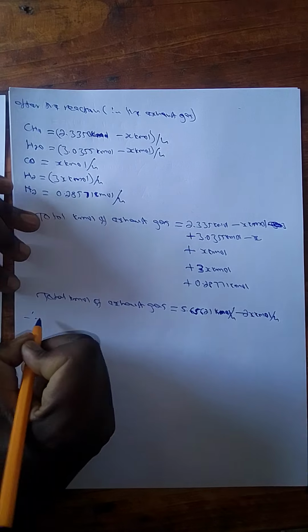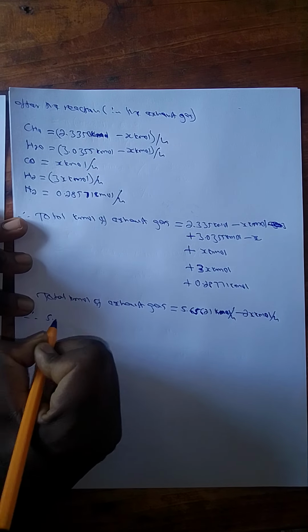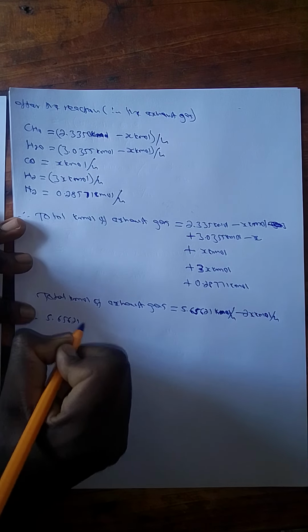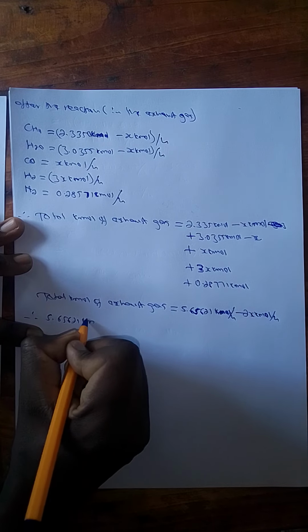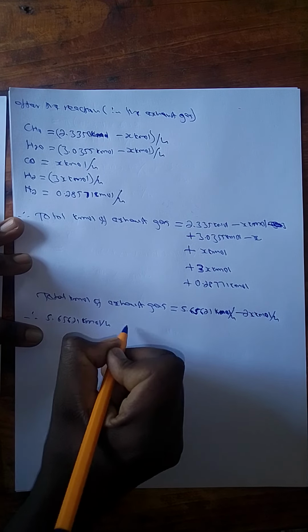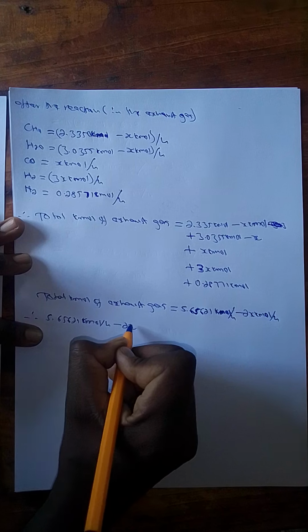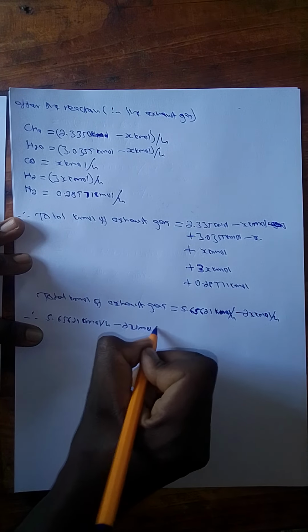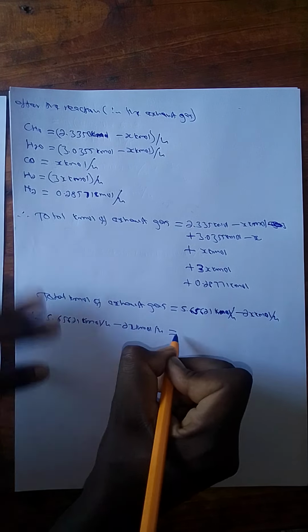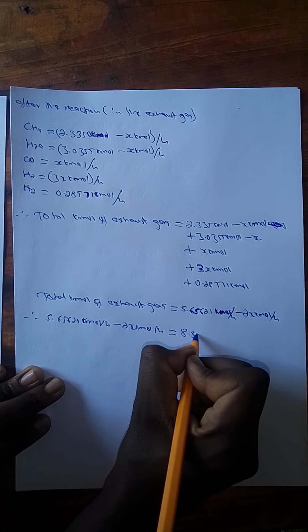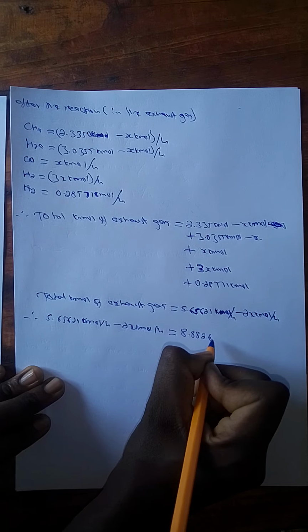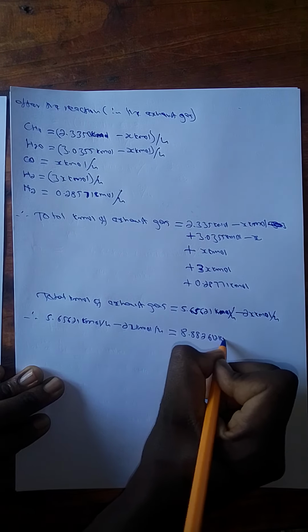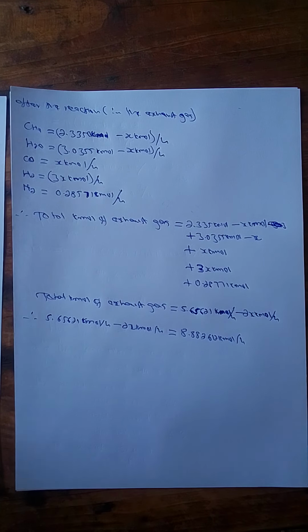We can say therefore 5.65621 kilomole per hour minus 2X kilomole per hour is equals to 8.882612 kilomole per hour.